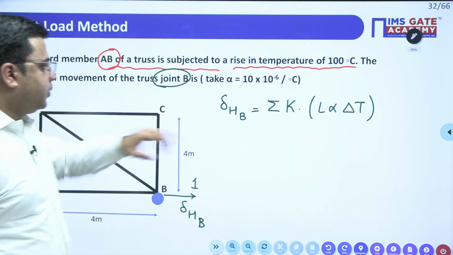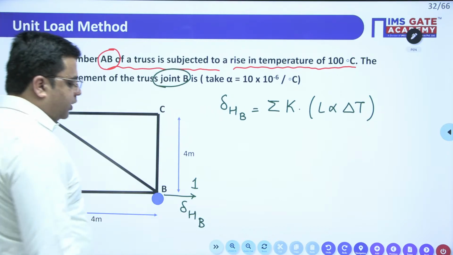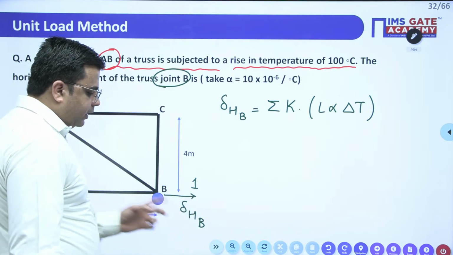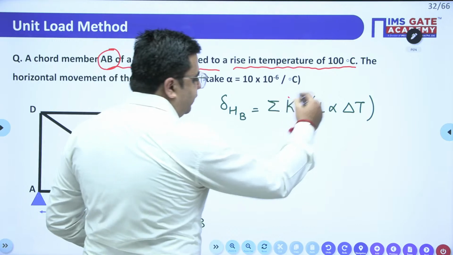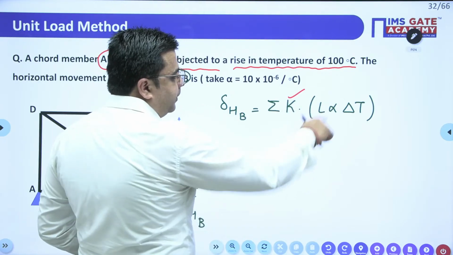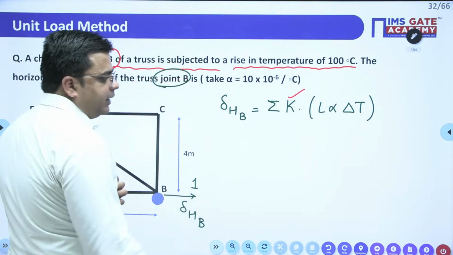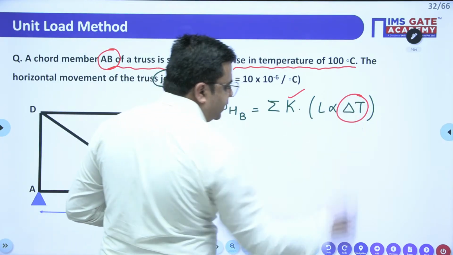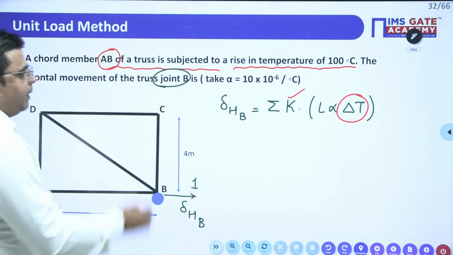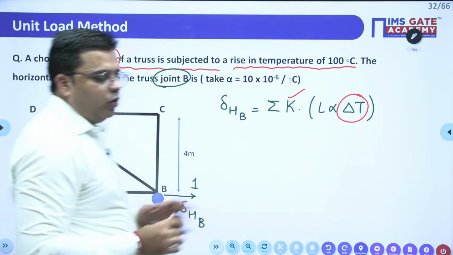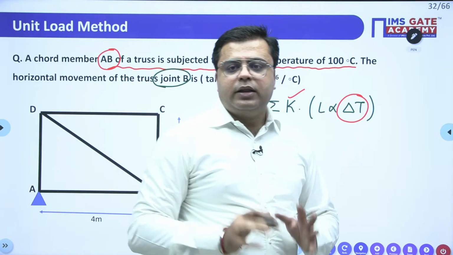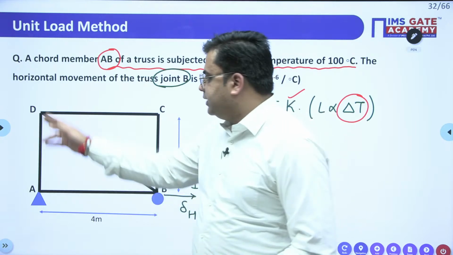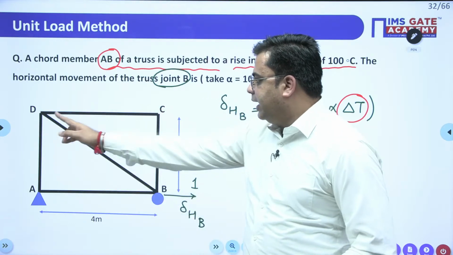Okay, for calculating the horizontal deflection, you have to apply the unit load at point B and get all the K values. Then you multiply by the extended length, that is L into alpha into delta T. But the change in temperature is happening only for member AB, not for the other members like AC, DC, CB and CD.